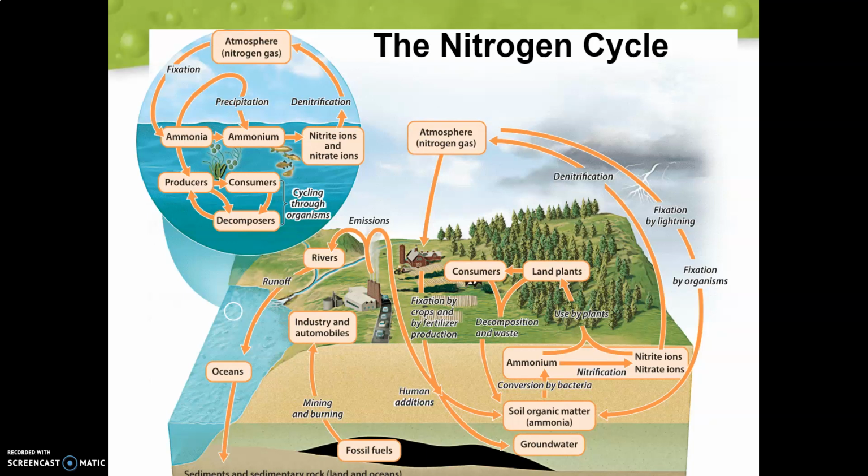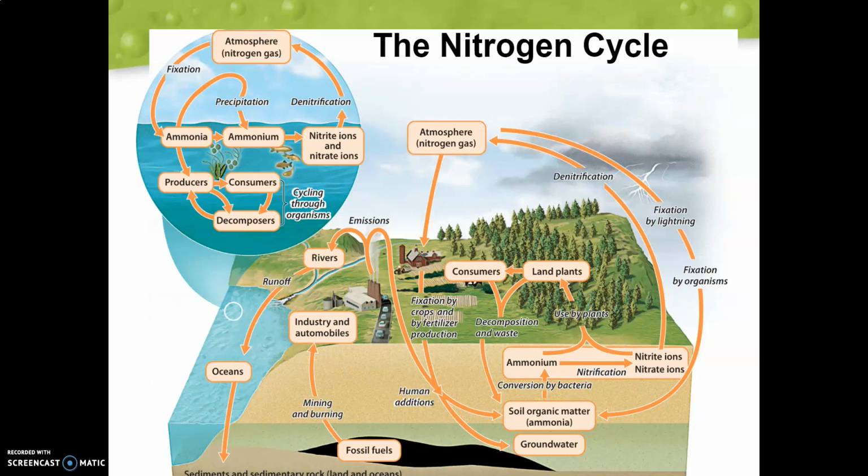Nitrogen gas cannot cycle out of the atmosphere and into organisms, so it's not found in the lithosphere, the hydrosphere, and in organisms. But once it goes through a certain type of chemical change, it becomes usable to the organisms that need it.